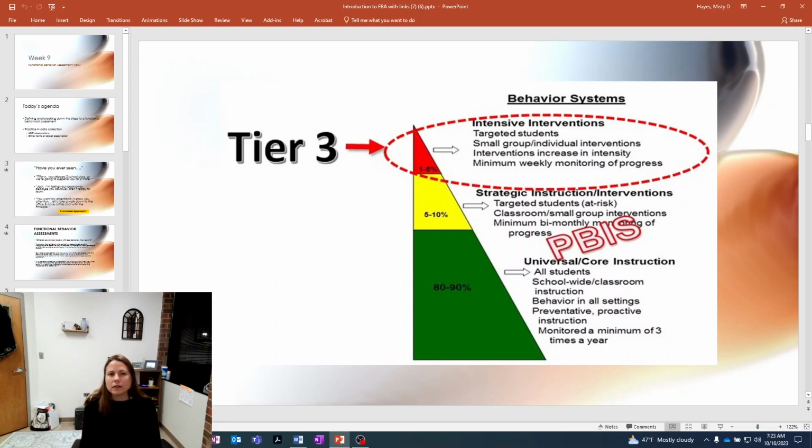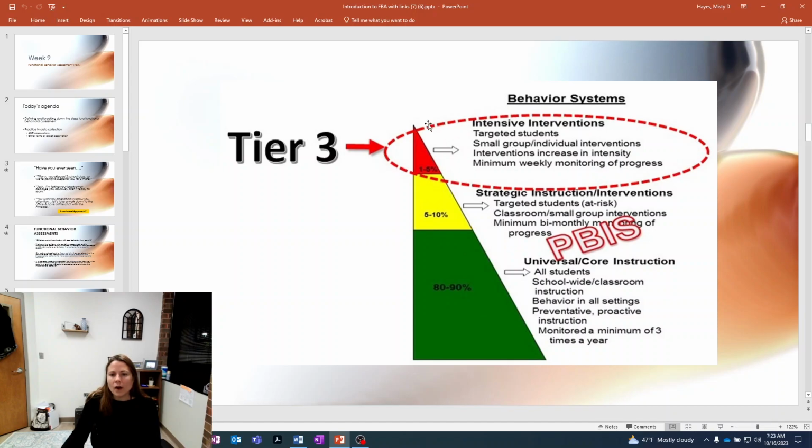You are kind of correct, because for the behavior supports, or the systems that we put in place, we have something called PBIS, right? This is like a school policy behavior intervention system. So what this picture, this visual, is showing us is that it's a framework just like RTI, but this one's specifically for behavior.